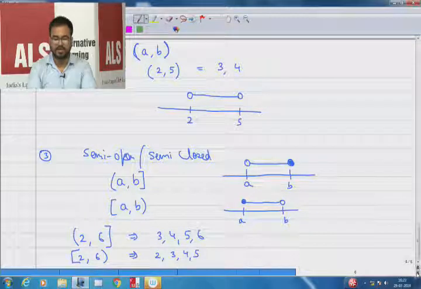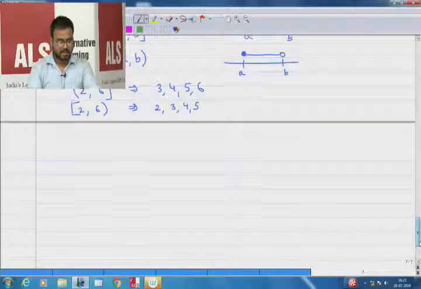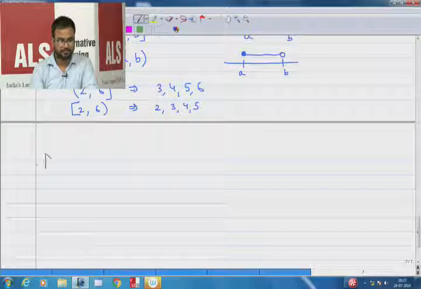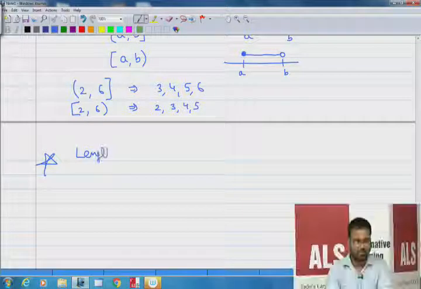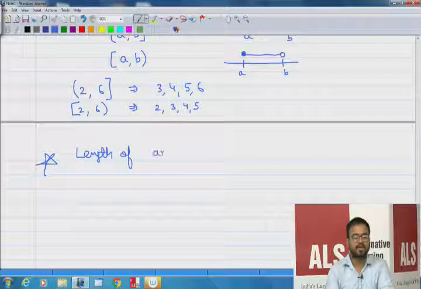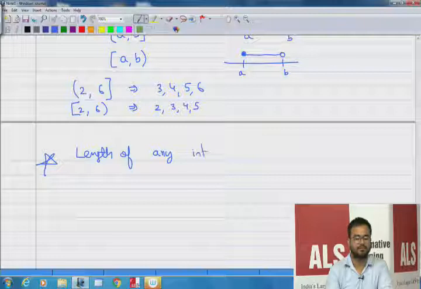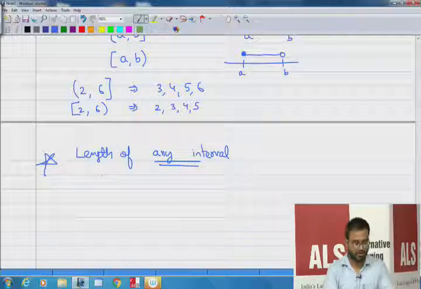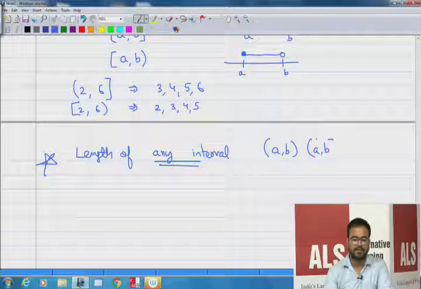And one more point in this interval you can note, that is called length of any interval. Length of any interval, whether it is open, closed, semi-open, semi-closed, whatever it is, it can be like this, it can be like this, or it can be like this.